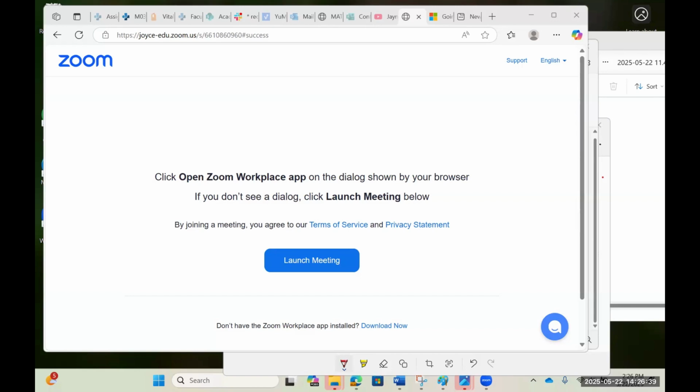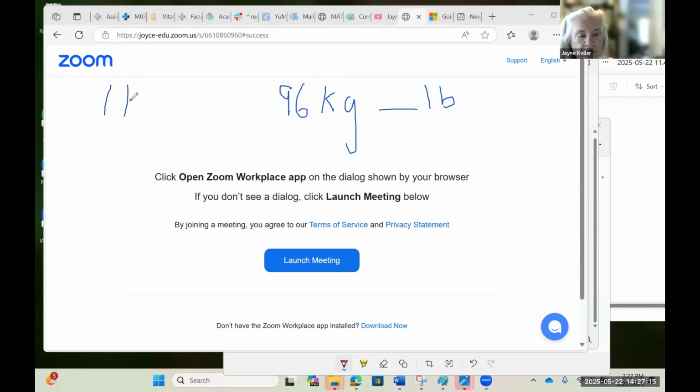Okay, so 96 kilograms equals how many pounds? And then it says round to the tenths. Okay, so that's a little bit different because you're converting 96 kilograms to pounds, using the conversion factor of 1 kilogram equals 2.2 pounds.